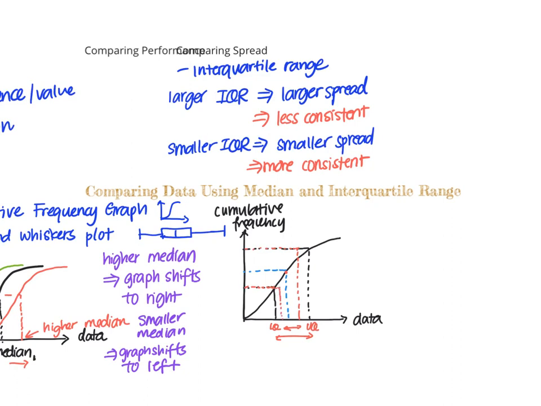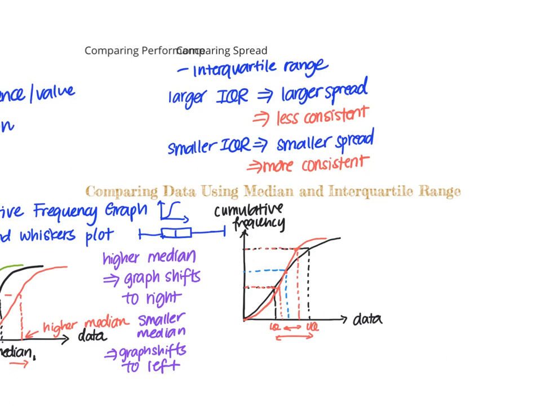What will happen to the shape of the graph? It will look something like this. You'll pass through the smaller interquartile range points, but remain at the same median.